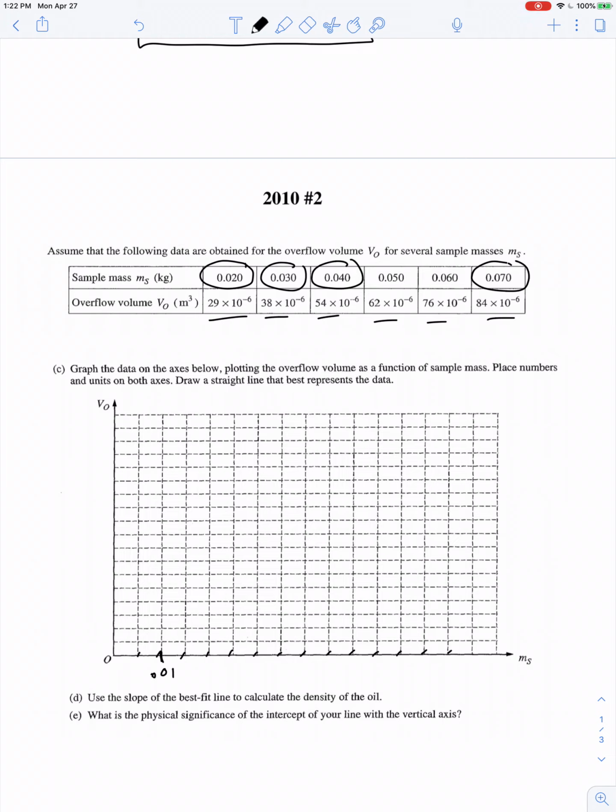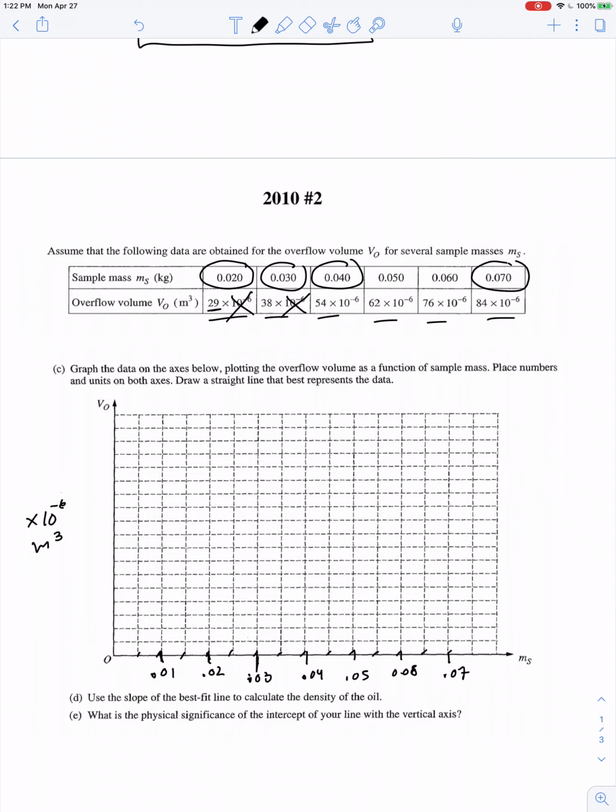There's 0.01, 0.02, 0.03, 0.04. If you have your own graph paper, try working along on this one. 0.06, and finally 0.07. Okay, and then we're just going to graph in units of times 10 to the negative 6 cubic meters, so we don't have to worry about the exponent.